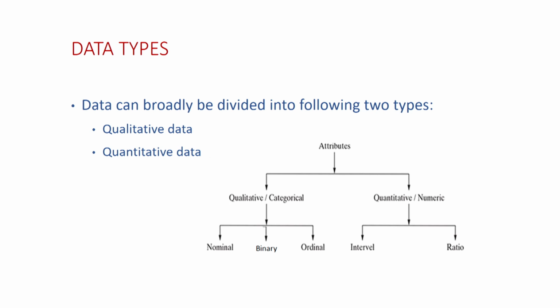Now, data can be broadly divided into 2 types. One is qualitative data, another is quantitative data. Qualitative data is also called categorical data, and quantitative data is also called numerical data. Then this qualitative or categorical data can be divided into 3 categories: nominal, binary and ordinal.